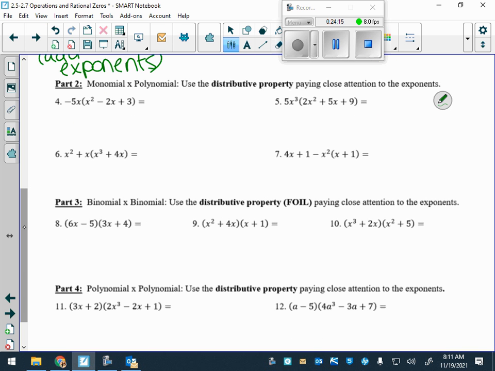Now, if we have a monomial times a polynomial, what do we do? We do not cross multiply. Here, distribute. Good. So you are right. I knew what you were thinking. We are distributing here, okay? So negative 5x is going to all 3 of those. So negative 5x times x squared, what do we get?